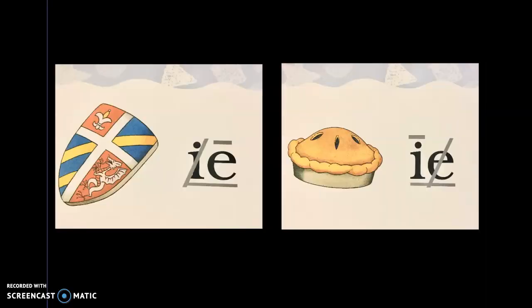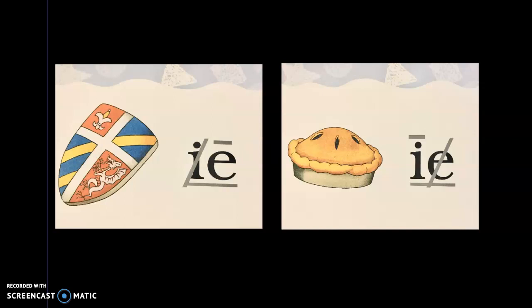When we think of our IE digraphs, we are going to think about shield, E, and pie, I. So when you see these letters, think about these key word pictures to help us with our sounds.